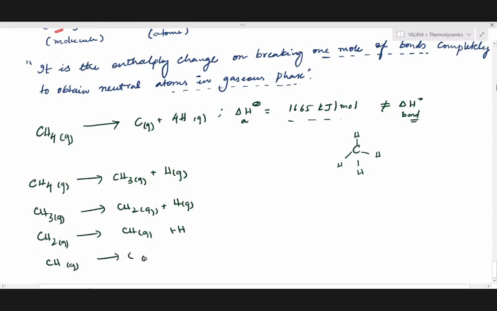So there is more than one step involved in the process of breaking all bonds and converting them into neutral atoms.